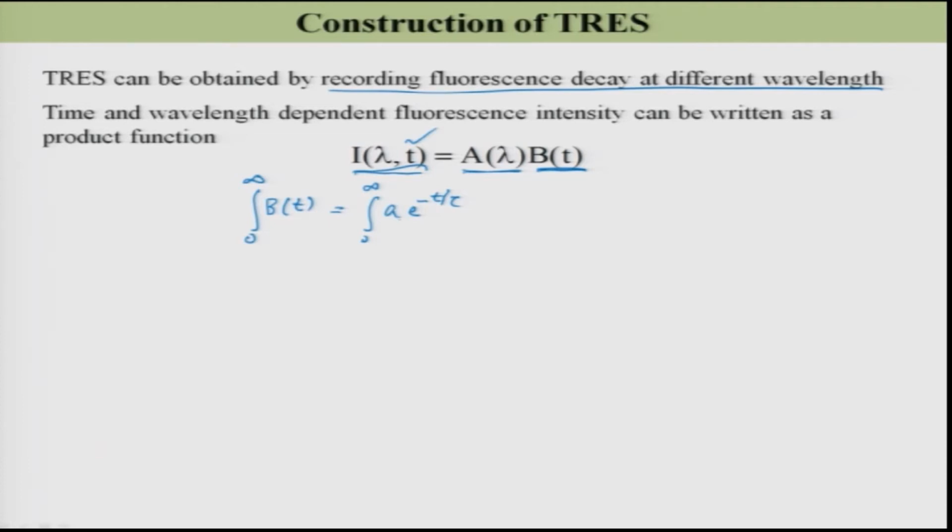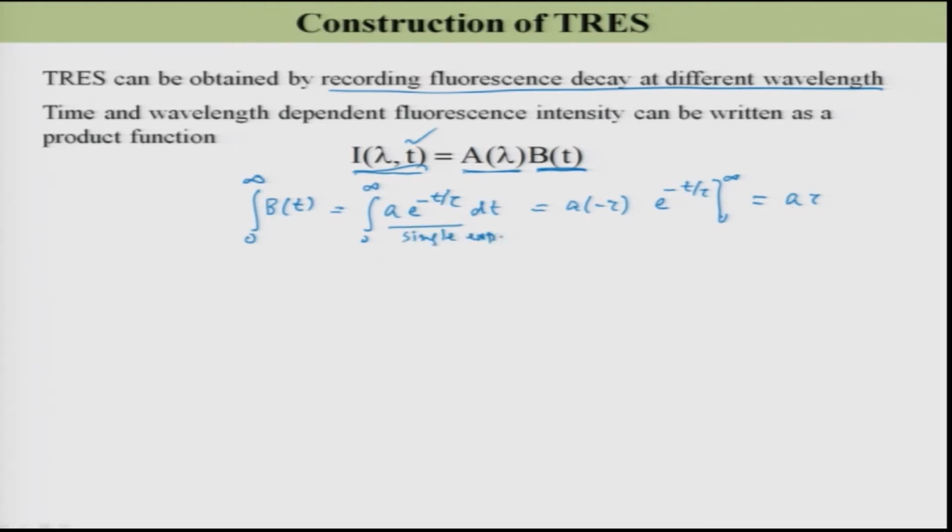So, it is A, and e to the power minus t by tau, this t is my variable, this time, and this tau is the lifetime of that species, dt. If I do this integration, what I am going to get is A times minus tau e to the power minus t by tau, with limits 0 and infinity, which is going to give me A tau. Now, if it is not a single exponential function, here is my single exponential decay.